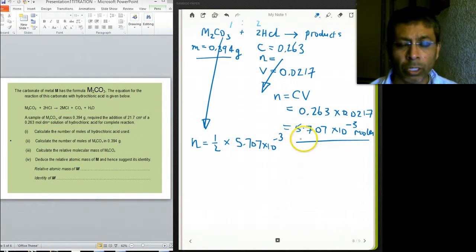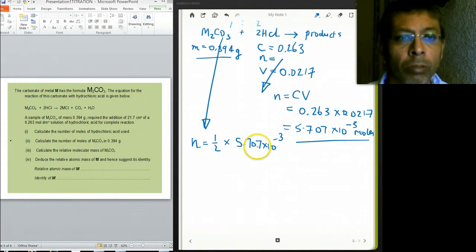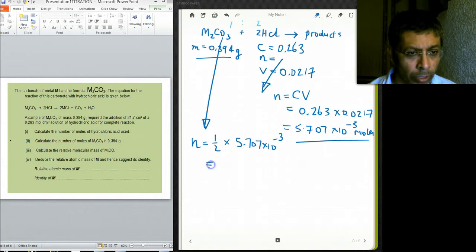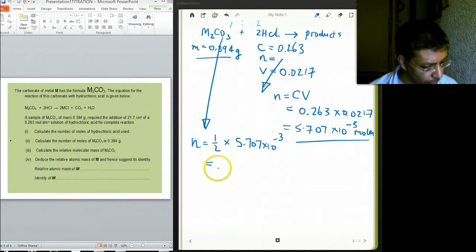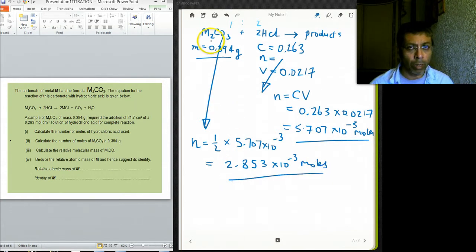It's also a good idea not to round off too quickly because you'll use those values later on, so don't round off until you really have to, or unless they tell you in the question. There you are, that's the moles of our metal carbonate.